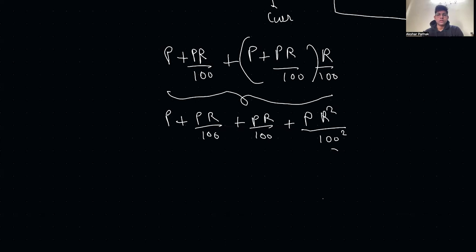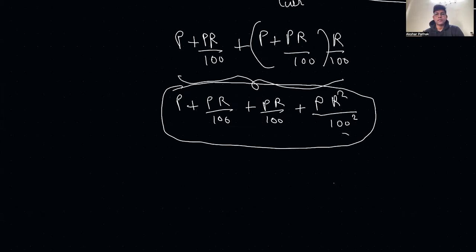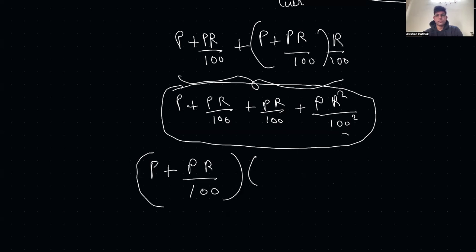I don't think we need to open this up. We can just notice from the first equation that P plus PR by 100 is common in both. So we can write it as P times 1 plus R by 100 common.